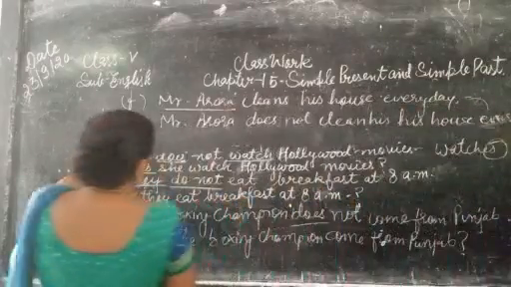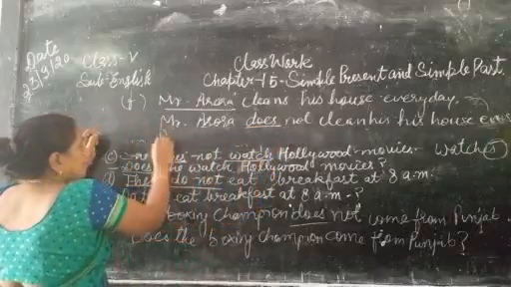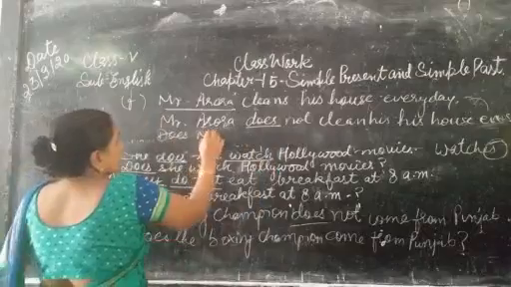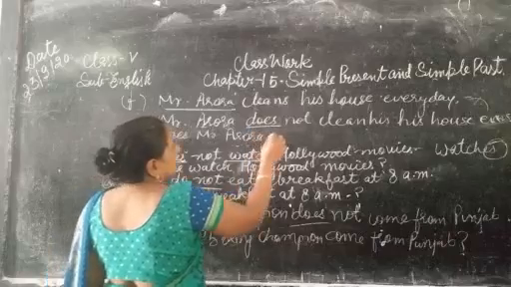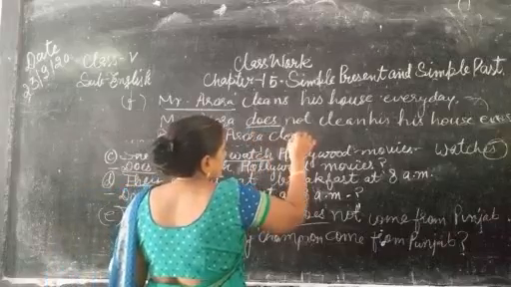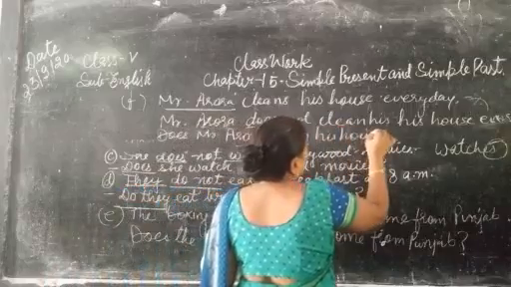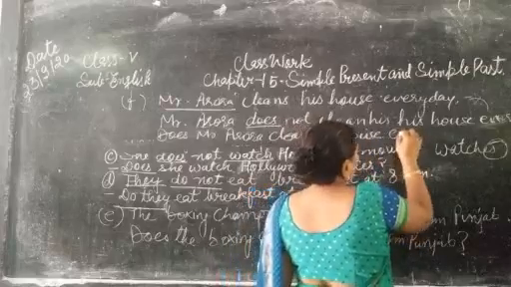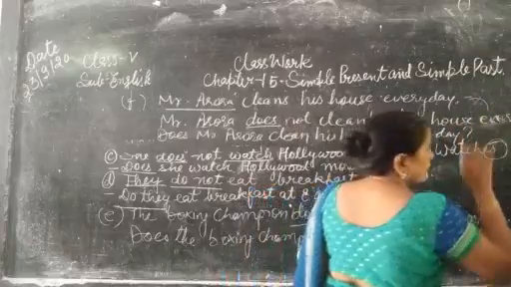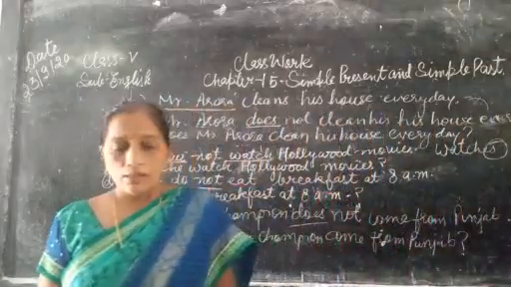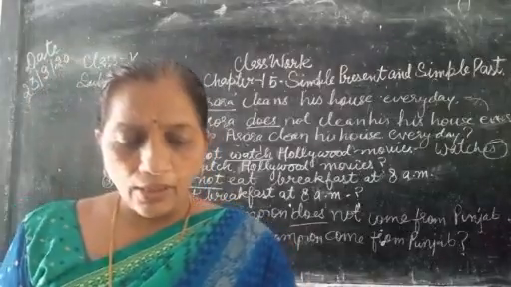And in interrogative sentence, this helping verb will be put at the beginning. Does Mr. Arora clean his house every day? Okay? This is the exercise on page number 85.